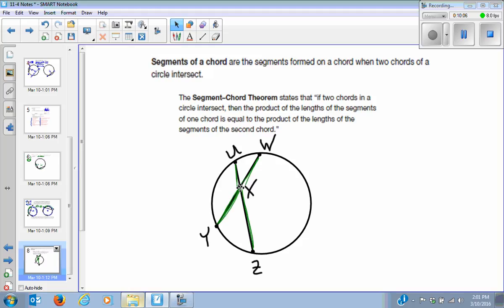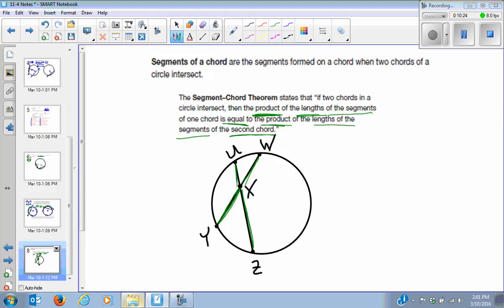The segment chord theorem states that if 2 chords of a circle intersect, then the product, multiplication, of the lengths of the segments of one chord is equal to the product, again multiplication, of the lengths of the segments of the second chord.